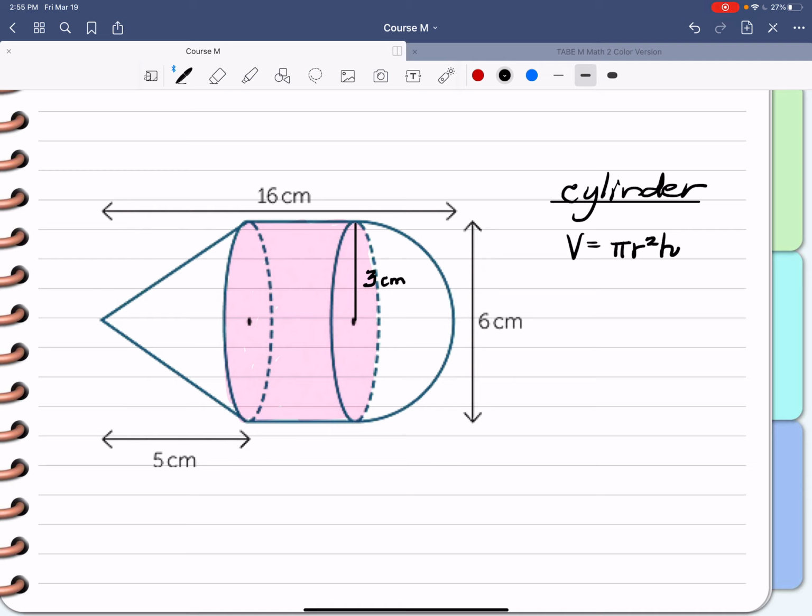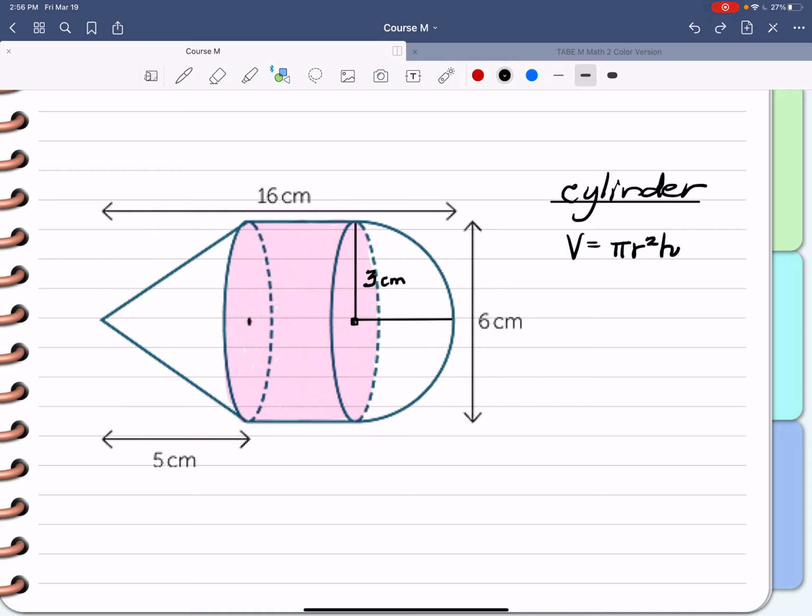Now, be careful with the height of the cylinder. It tells me that this whole distance is 16. The cone is 5. But what about that sphere? How am I going to know how tall that sphere is right here? Oh, but I do know that, because this is a radius.